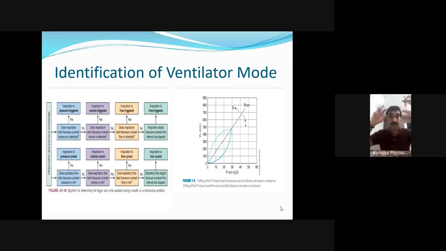The positive flow in terms of the ventilator is inspiration for the patient, and the negative flow in terms of the ventilator is expiration for the patient. So the breath cycle consists of both inspiration and expiration. The time taken for inspiration is the inspiratory time, and the time taken for expiration is the expiratory time.